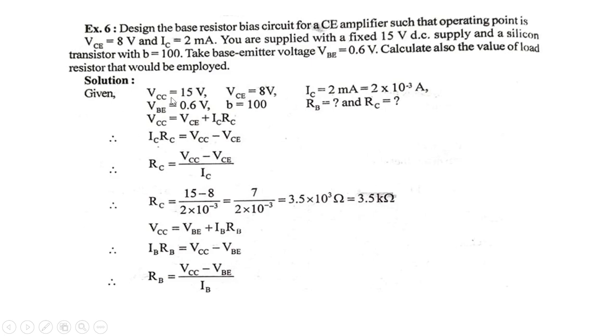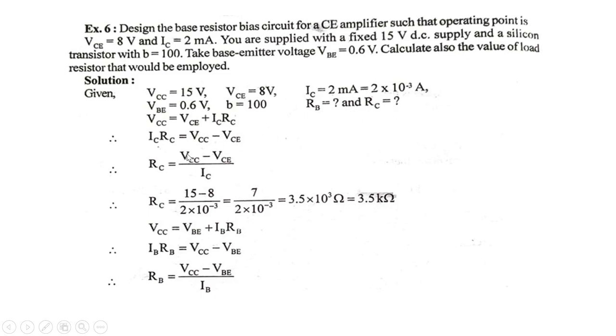Now given quantities VCC equal to 15 volt, VCE equal to 8 volt, and VBE equal to 0.6 volt, beta equal to 100. VCC equal to VCE plus ICRC, IC equal to 2 milliampere equal to 2 into 10 raised to minus 3 ampere. So RB equal to what and RC equal to what?